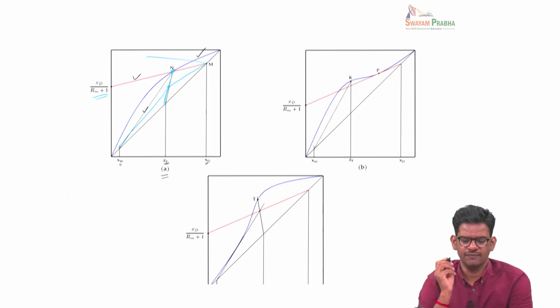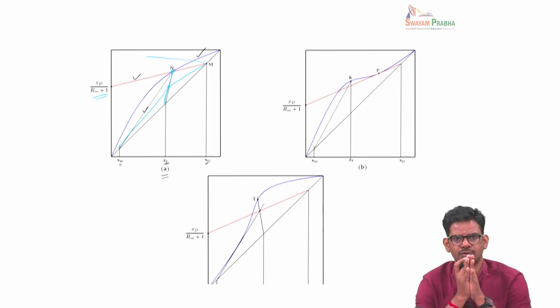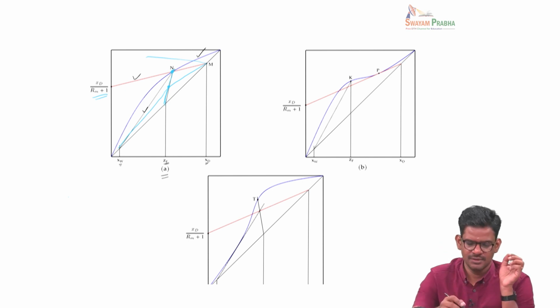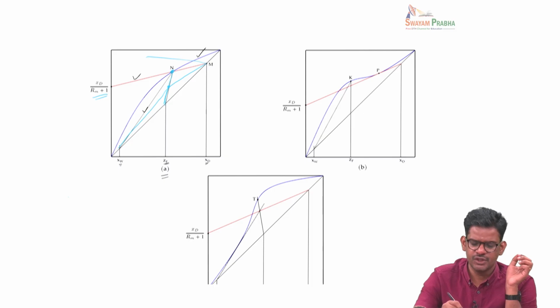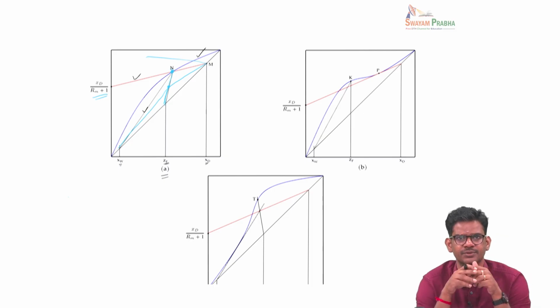Okay, so we obtain the minimum reflux ratio by drawing an enriching line such that it passes through the intersection of the Q line and the equilibrium line. That corresponds to the minimum reflux ratio.